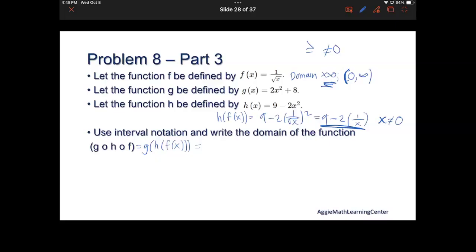Okay, now I need to know what is g of h of f of x. And because we already found h of f of x right here, I can just plug this into g, and we're okay. I'm going to do it over here. H of f of x. Okay, so 2 times 9 minus 2 over x squared plus 8. Okay, so same thing.